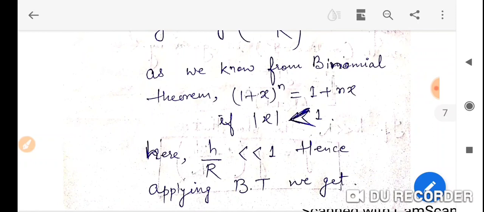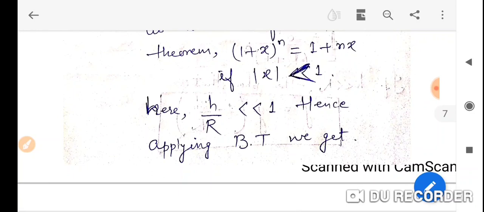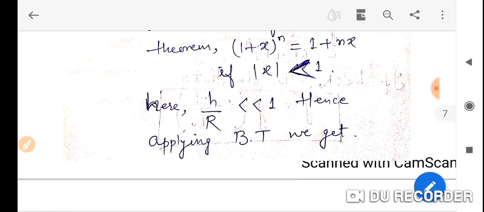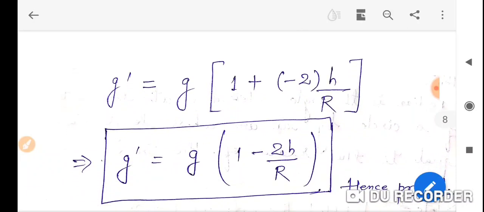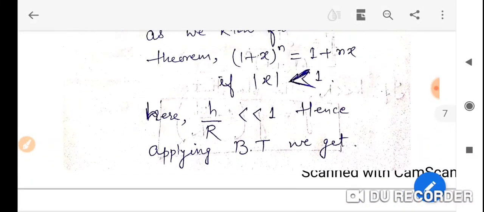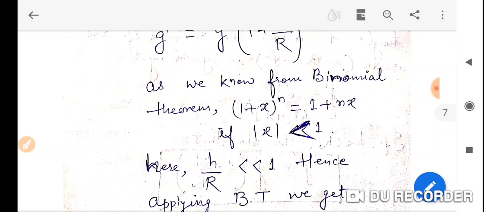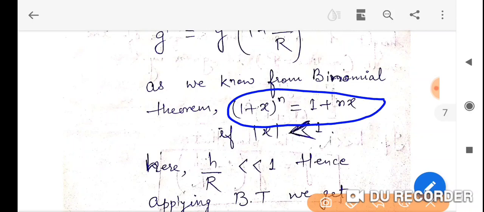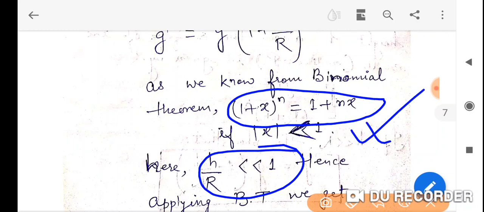Please see the question I have provided you. The condition h upon R is very less than 1 has been given, hence we can apply the special condition in the binomial theorem, that (1 plus x) whole to the power n is equals to 1 plus nx, as the value of h by R is very less than 1. That is, the value of mod x is less than 1. That's why we are using this formula here.